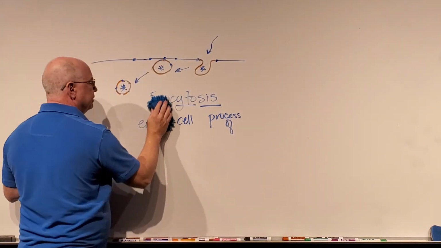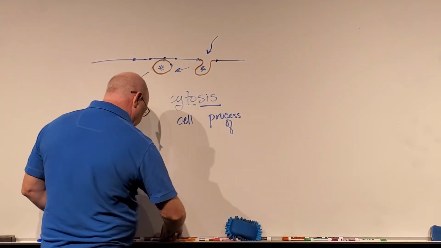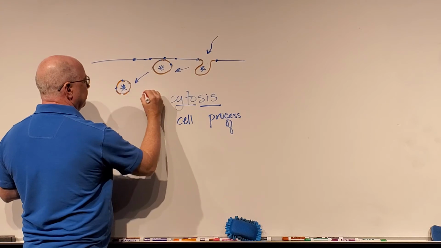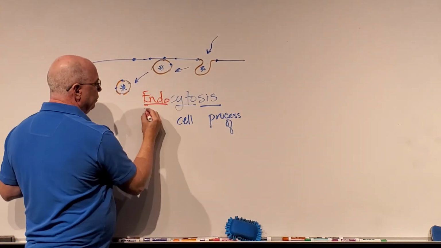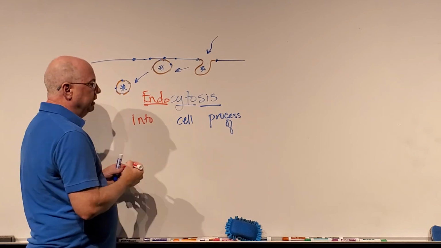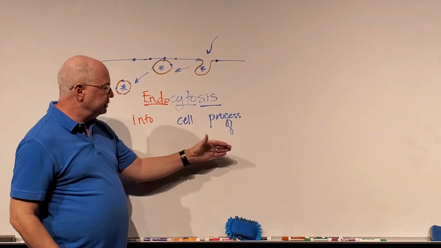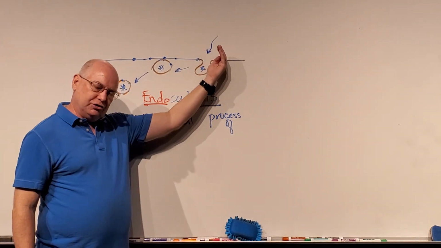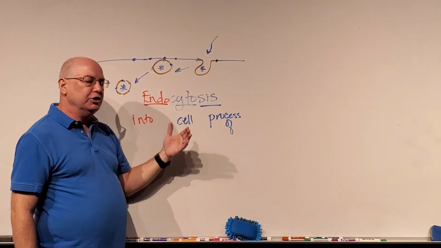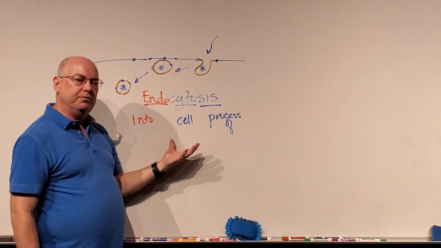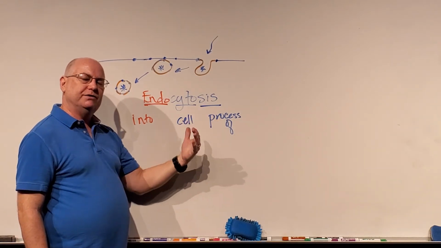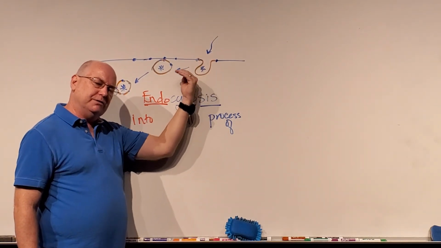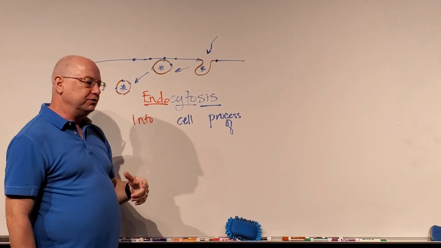And in that process, we call this endocytosis. Endo meaning into. Endocytosis is the process of the cell taking extracellular substances in by forming a vesicle.